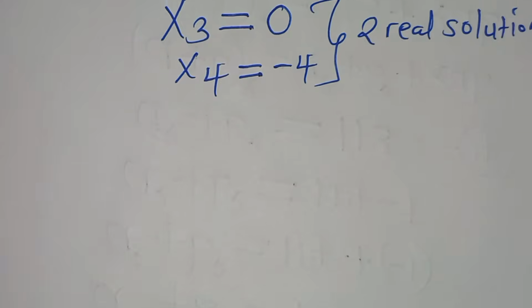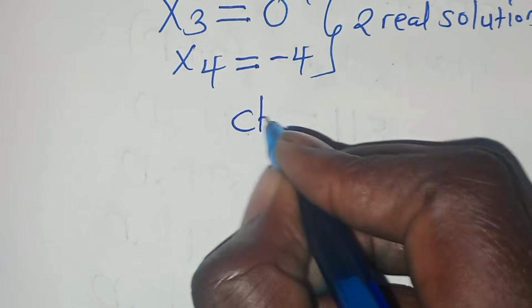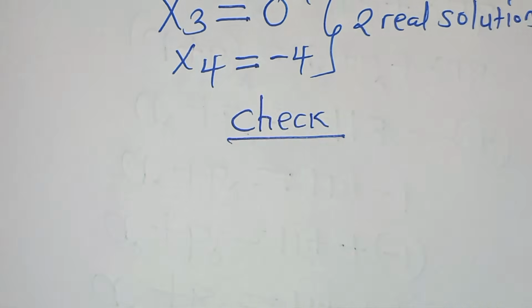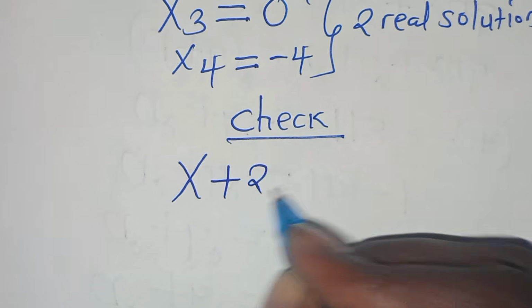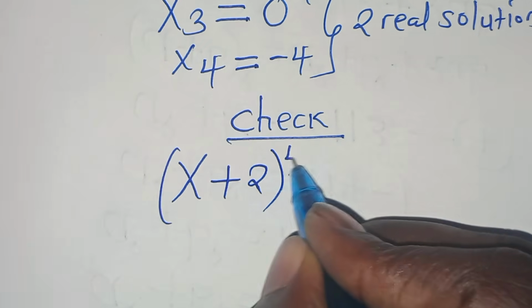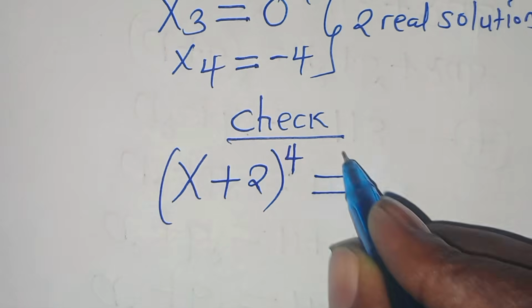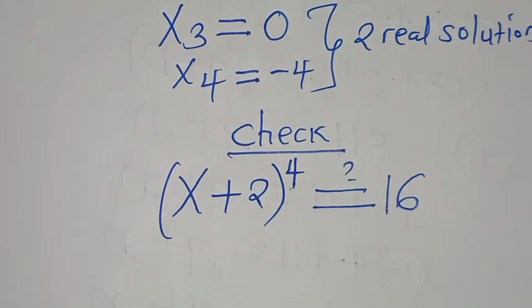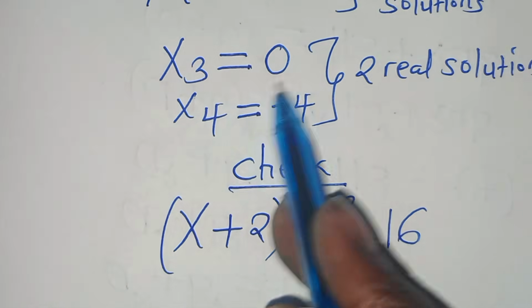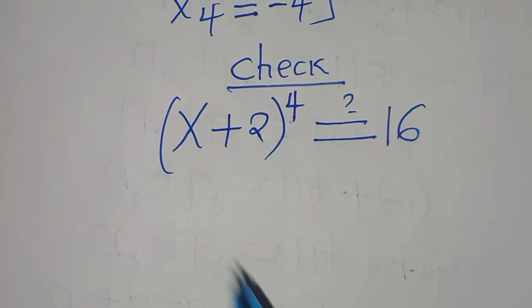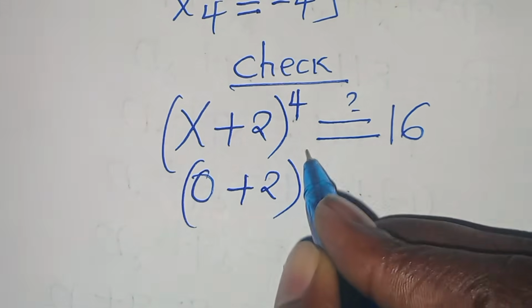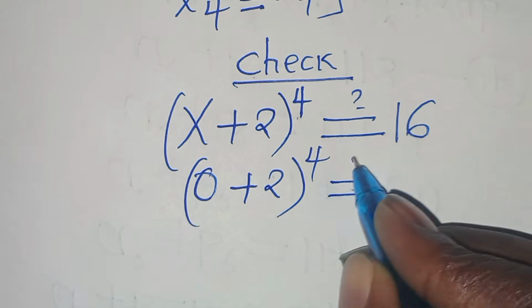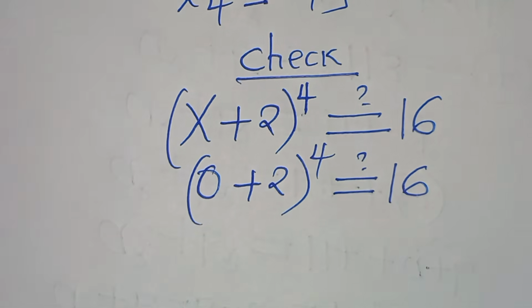So let's check if these two real solutions satisfy the equation. Now we have that (x + 2)^4 should give us a value of 16. So let's check x3, which is 0. So we have (0 + 2)^4, which should give us a value of 16.